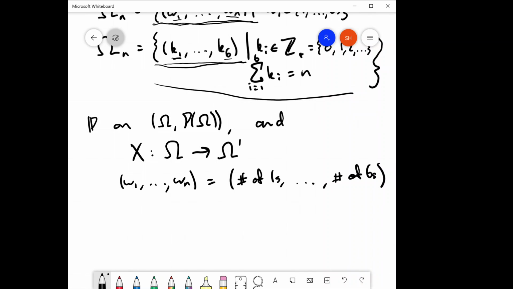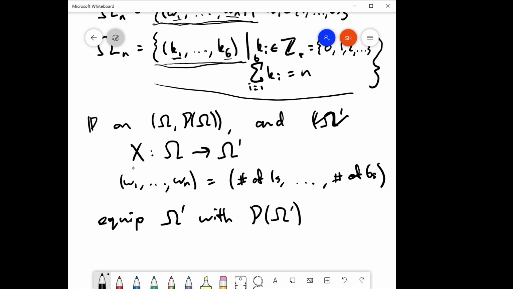Suppose we also equip omega dash with its power set as a sigma algebra.